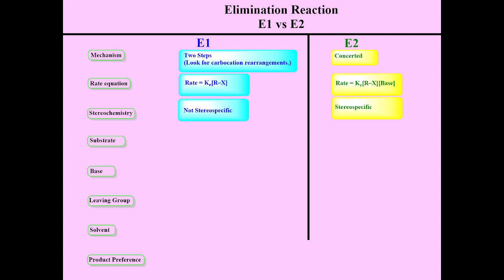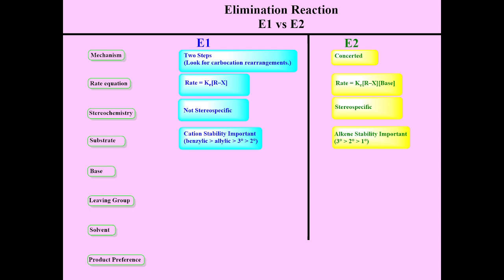In case of stereochemistry, for the E1 elimination reaction, there is not much stereospecificity. This is because the carbocation intermediate is formed and the final step of elimination proceeds thereafter. Whereas in E2 elimination, this is a stereospecific reaction. Okay. In terms of substrate, the cation stability is important, as only the alkyl halide is important over here.